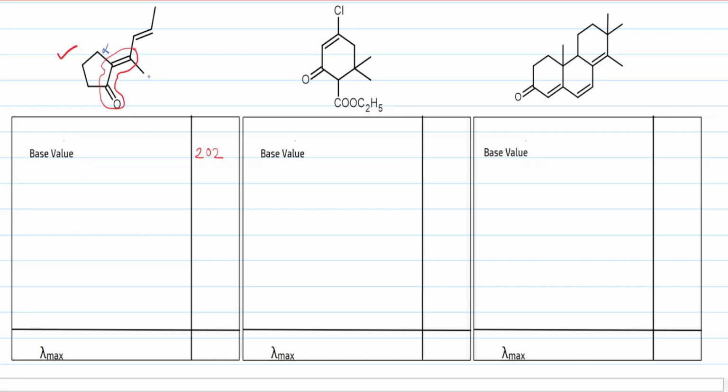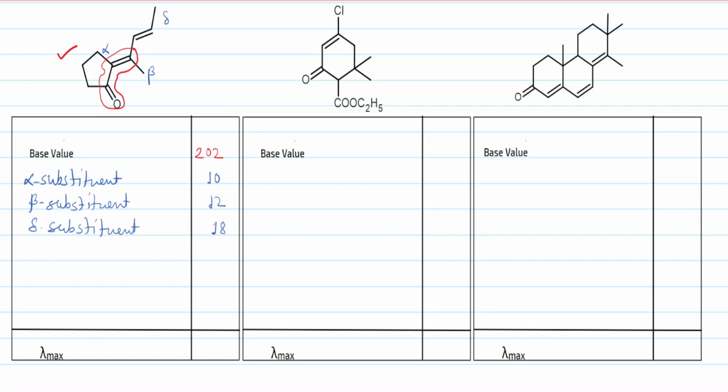This is the alpha substituent, this is the beta, then no gamma, but there is a presence of delta substituent. The alpha substituent is a ring residue, so for that, 10 nanometer. For beta substituent, 12 nanometer, and for a delta substituent, we have to add 18 nanometer to the base value.